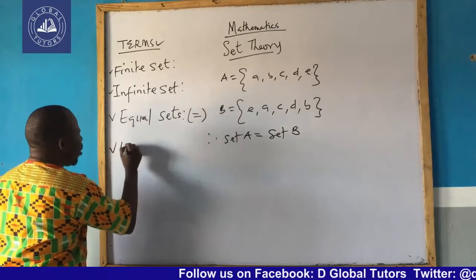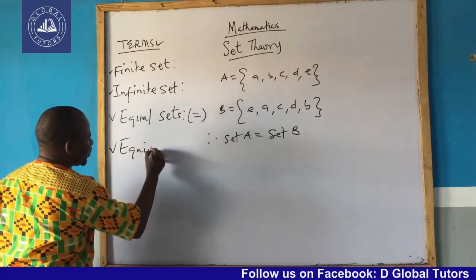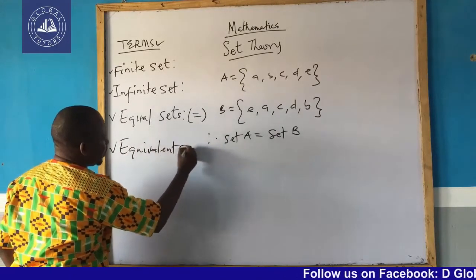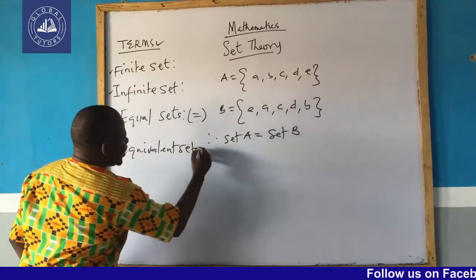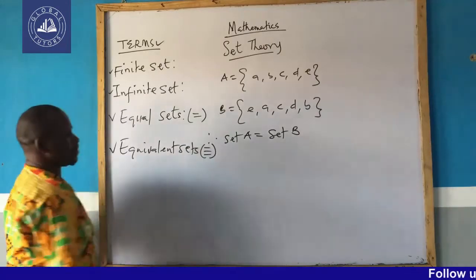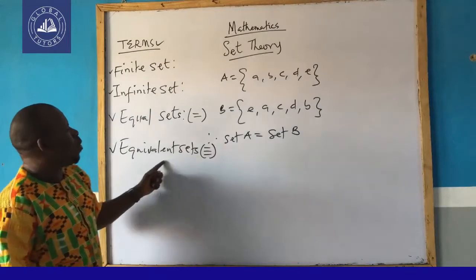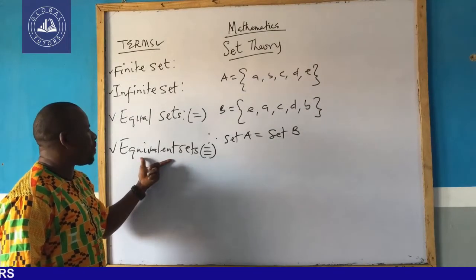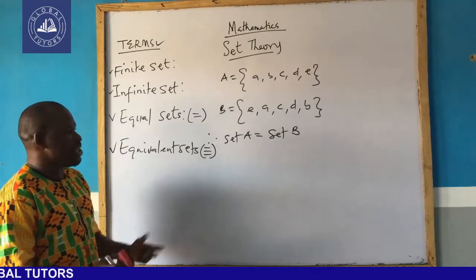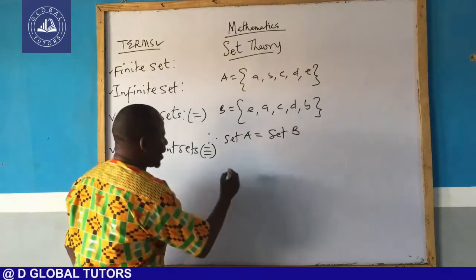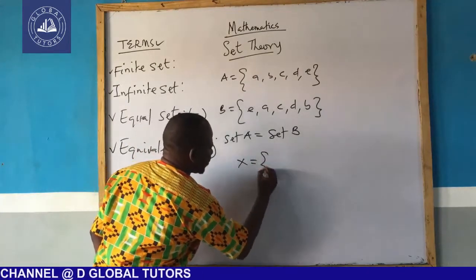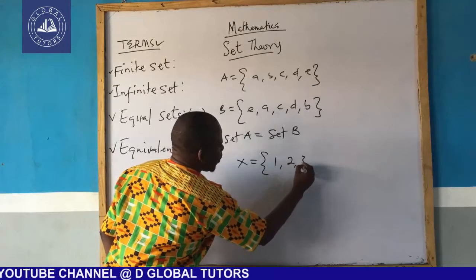Another term is called equivalent sets. Now, this is the symbol, three lines. Two or more sets are said to be equivalent if their cardinality is equal. Let's consider this. You have X, {1, 2, 3}.